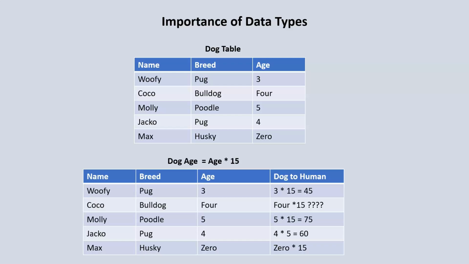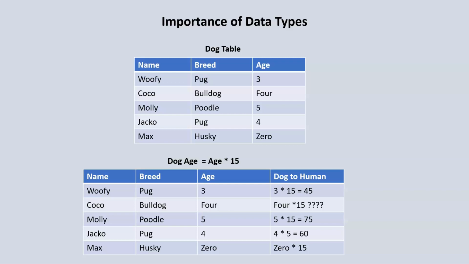Well, why do we want to avoid this? Assuming we want to present the ages of our dogs in human age, because as you may or may not know, dog ages are quite different from human ages. And we are assuming that to convert the dog age to human age, we need to multiply the dog's age by 15. We can easily do this with Wolfie because we know Wolfie's age is 3, and we just need to multiply it by 15, and we have 45.